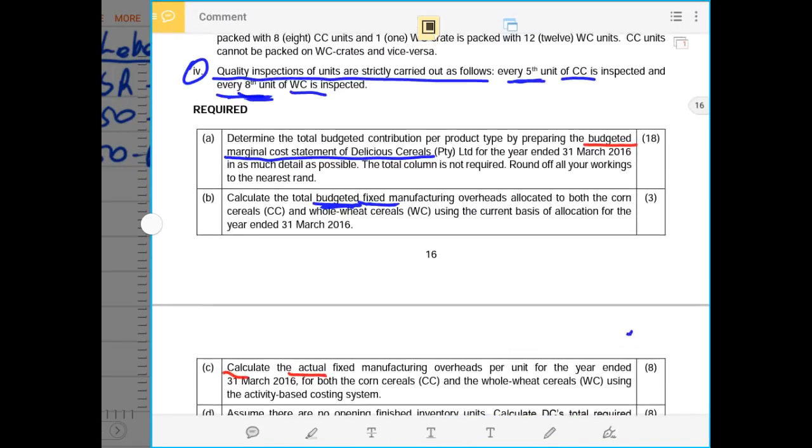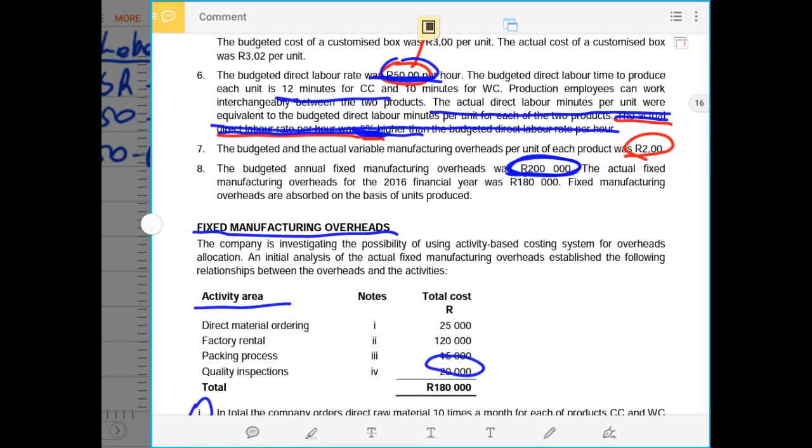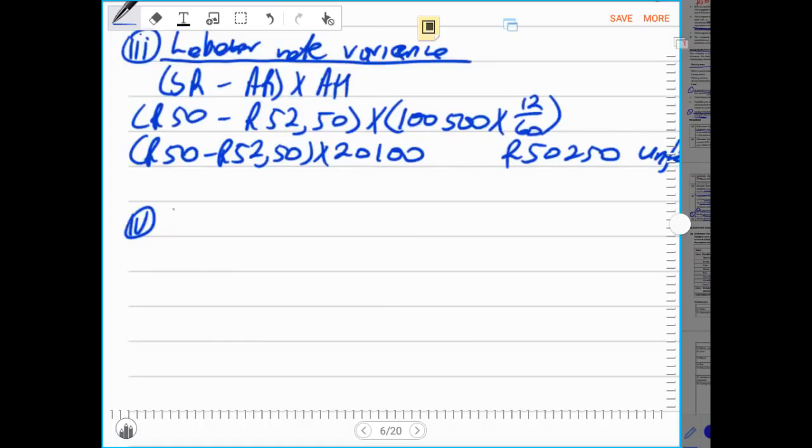And remember, our fixed overheads variance will definitely be 20,000. And the reason why it will be 20,000 is because there is a difference of 20,000, because budget was 200,000 and actual was 180,000. So now our fixed expenditure variance is, as I said, one of the easy variances.